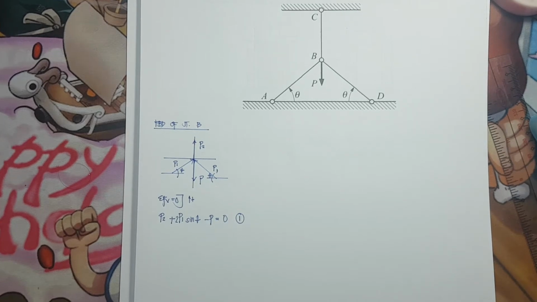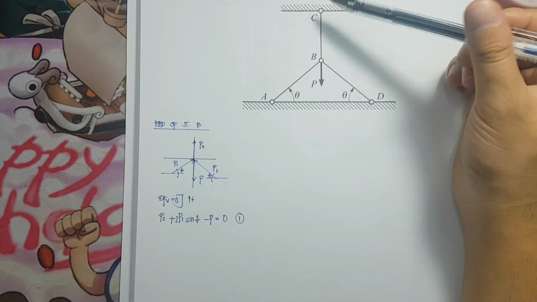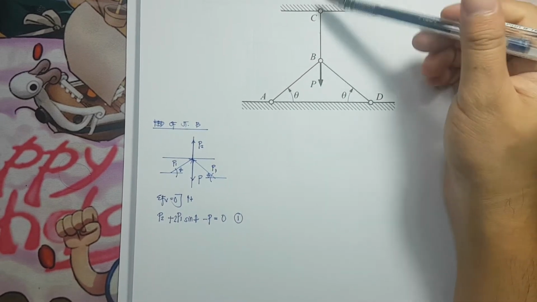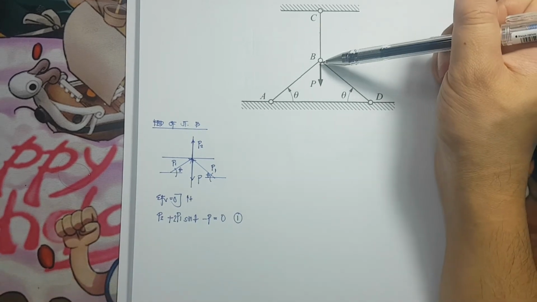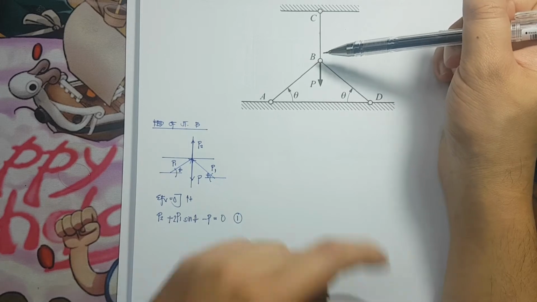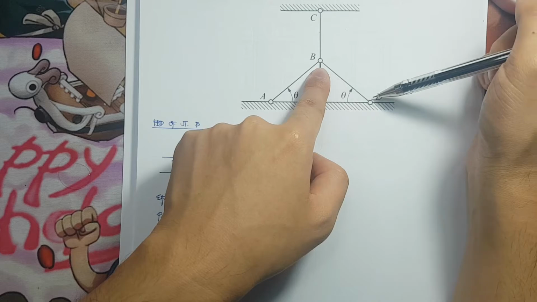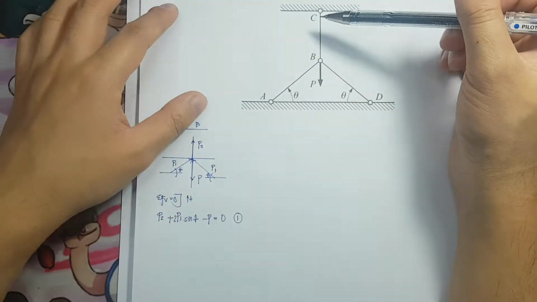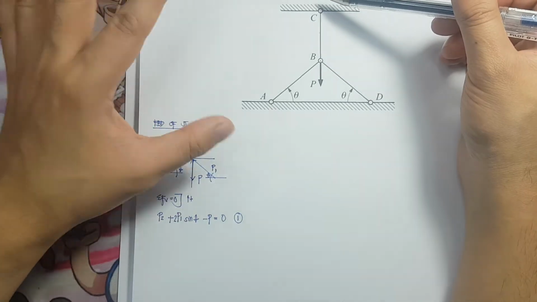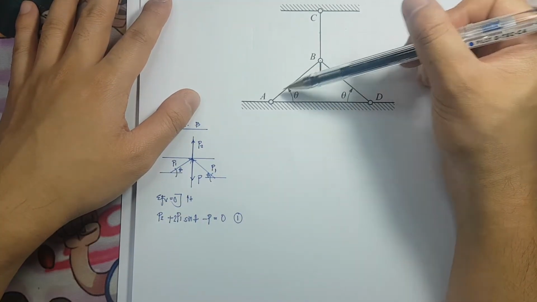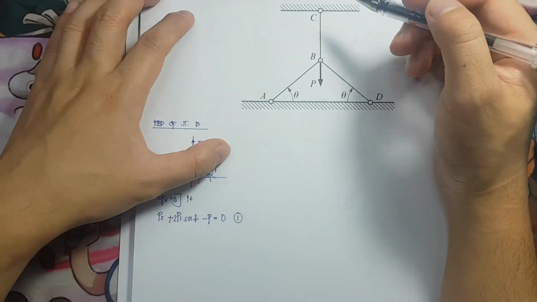Now the additional equation would be coming from the condition of the setup. Imagine this is your figure, you do not have yet the P, it is in a state of equilibrium. So we do not have any internal forces because CB will not be having internal load, likewise with AB and BD. But if we apply P, then the condition changes.